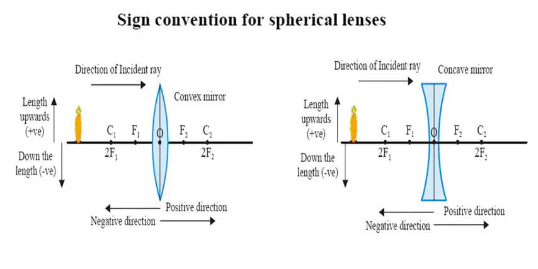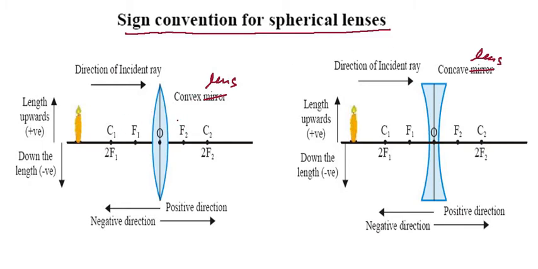Now come to the sign convention for the spherical lens. It is similar to the mirror. Now come to the convex. It is not mirror, it is lens. You can write here lens. It is a convex lens.